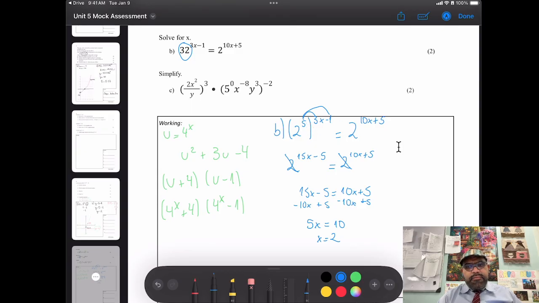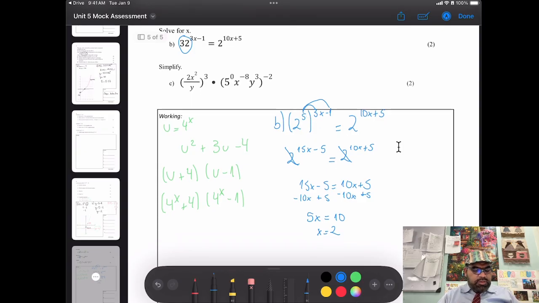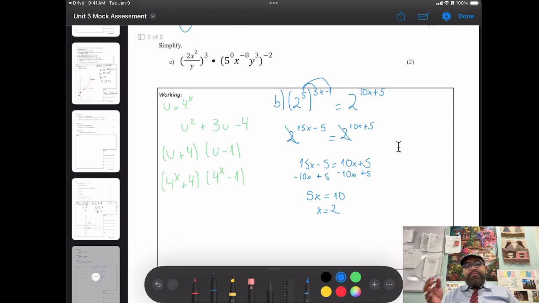Last one is C. 2x squared. I need to simplify just one thing. How can I do it? First of all, let's distribute and solve as much as we can. 2x squared to the third power divided by y. Let's distribute this third power to everybody.